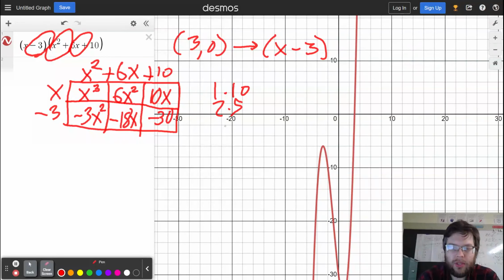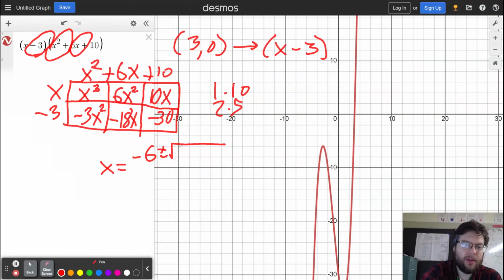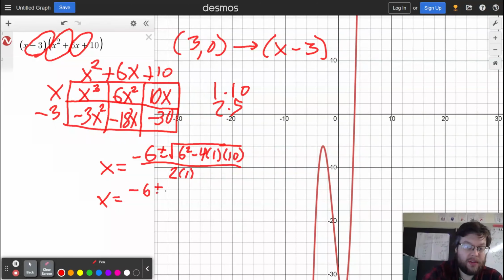And so what we do instead is use the quadratic formula. So negative b plus or minus square root of b squared minus 4ac, all divided by 2a. So that gives me negative 6 plus or minus square root of 36 minus 40, divided by 2. 36 minus 40 is negative 4.